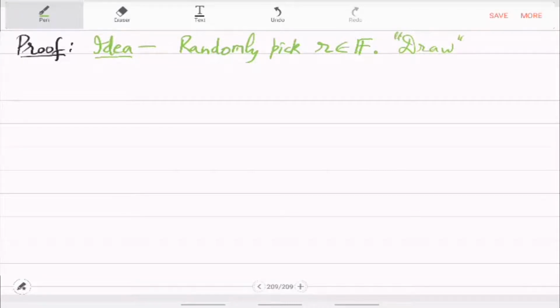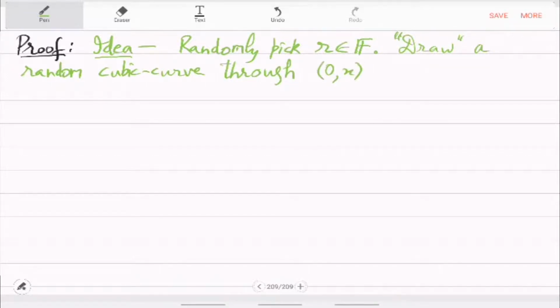So draw a random cubic curve through 0 comma x and r comma x0.